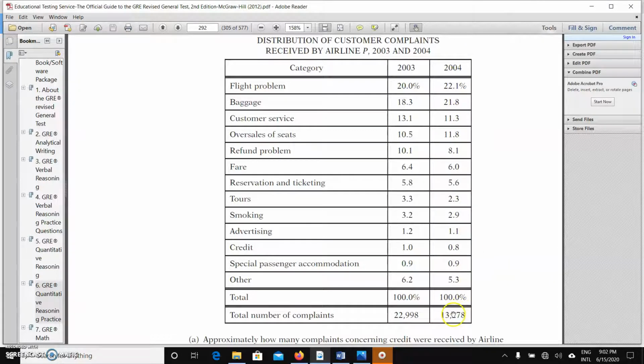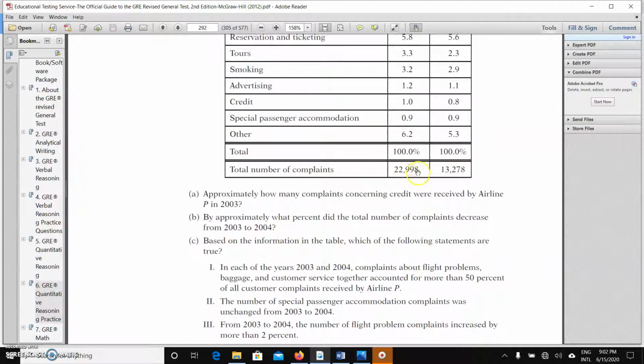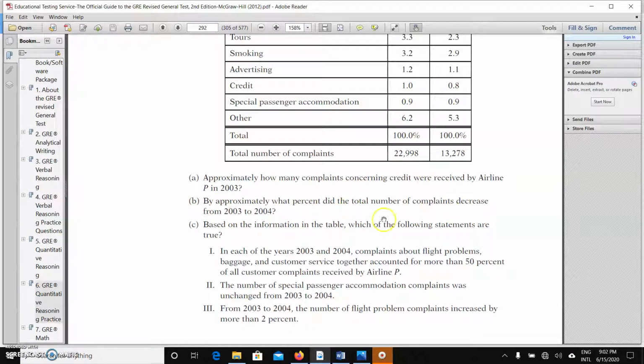If you look at it, the 2003 complaints are higher than 2004, so there's a decrease. That's why they are talking about decrease here. I gave you a formula for percentage decrease and percentage increase in my previous video, so please go and look for that and use it here. The formula is decrease over the initial amount times 100. Let's calculate the decrease first.